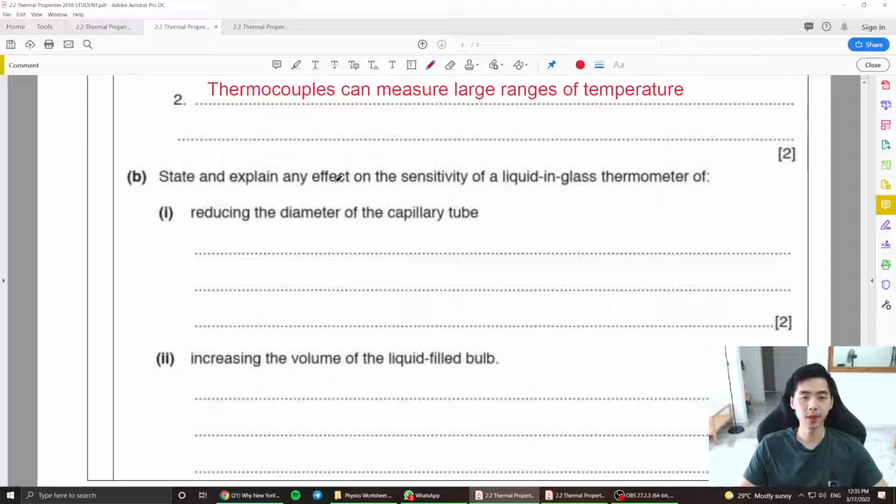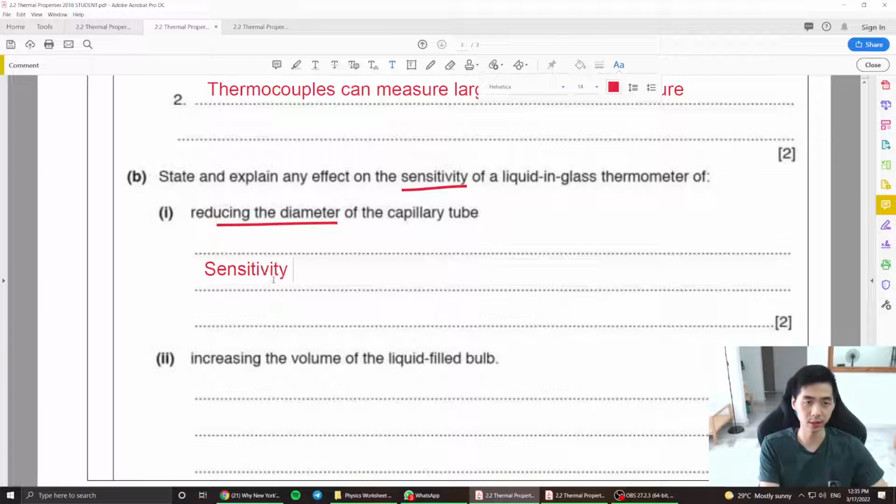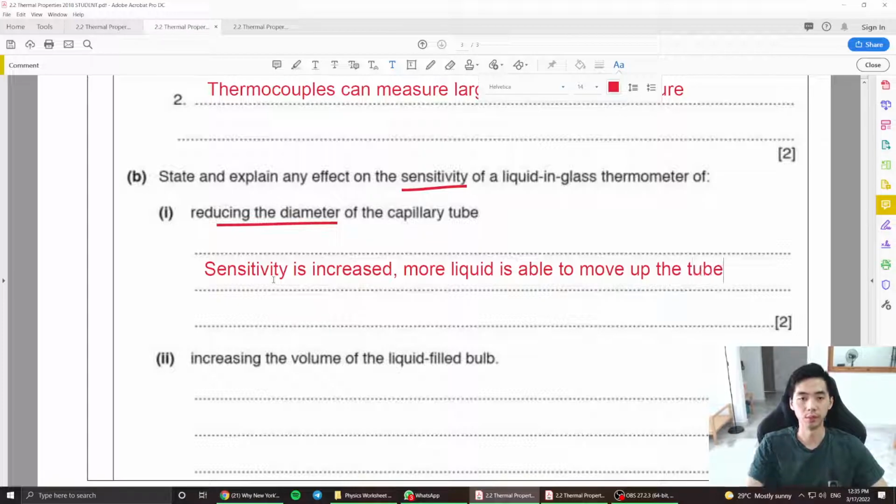State and explain any effects on the sensitivity of a liquid in glass thermometer of reducing the diameter of the capillary tube. Yet again, the sensitivity is definitely going to increase. The sensitivity is increased. Why? Because more liquid is able to move up the tube, right?